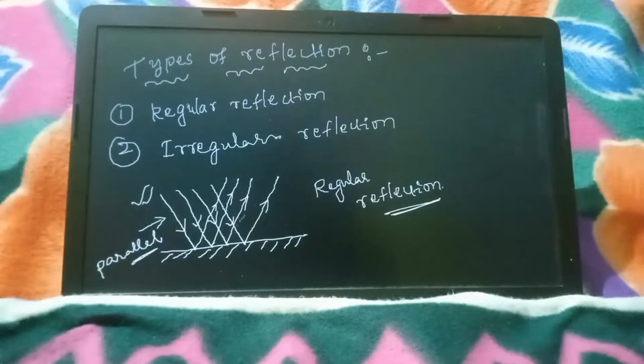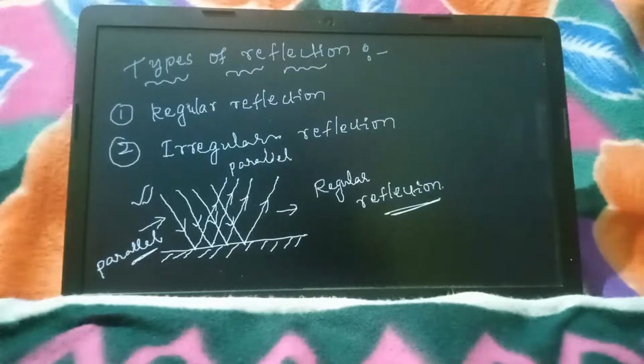Then the reflected light rays are also parallel to each other. That's why this reflection is called regular reflection.